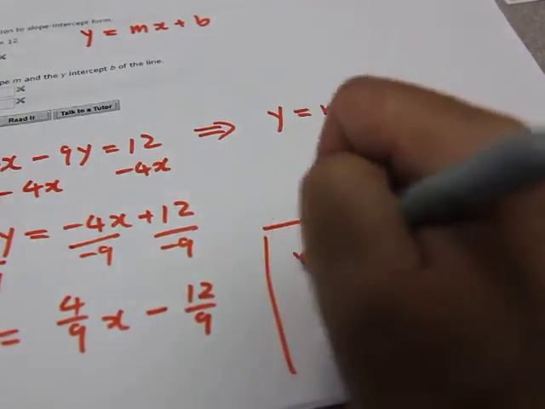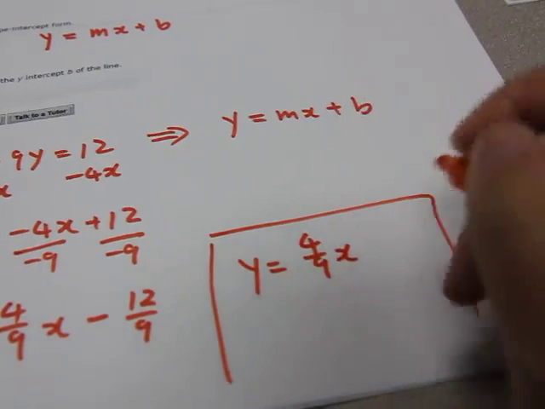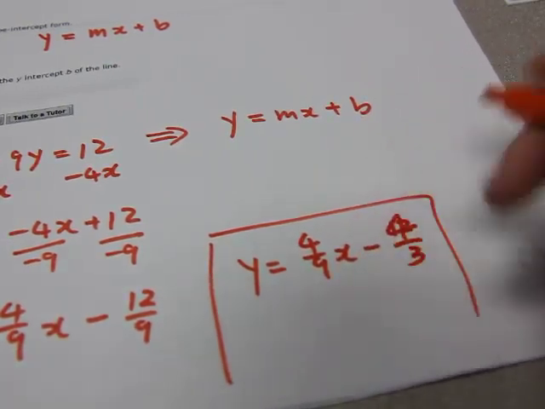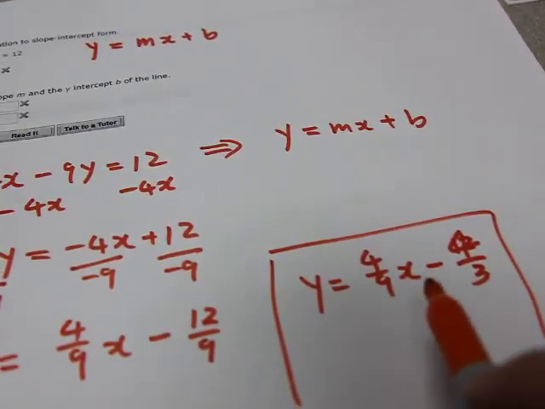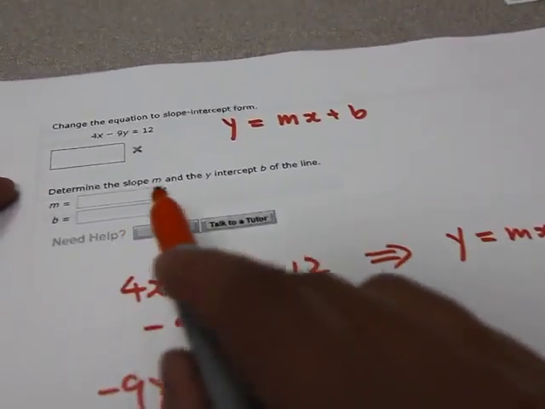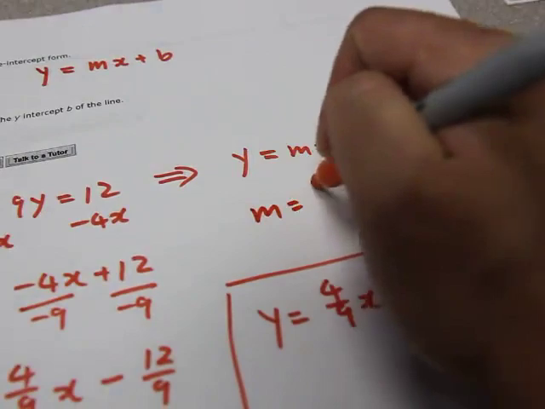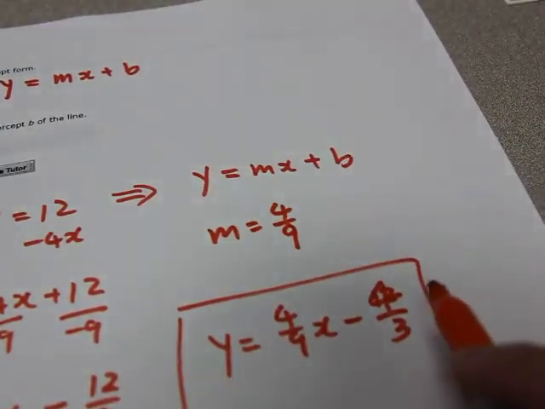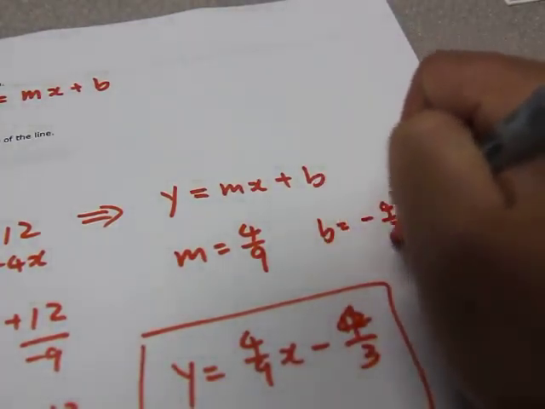So the answer is y equals 4 over 9x minus 4 over 3. From this answer, we can see that the slope of this straight line is 4 over 9, and the y-intercept b is equal to negative 4 over 3.